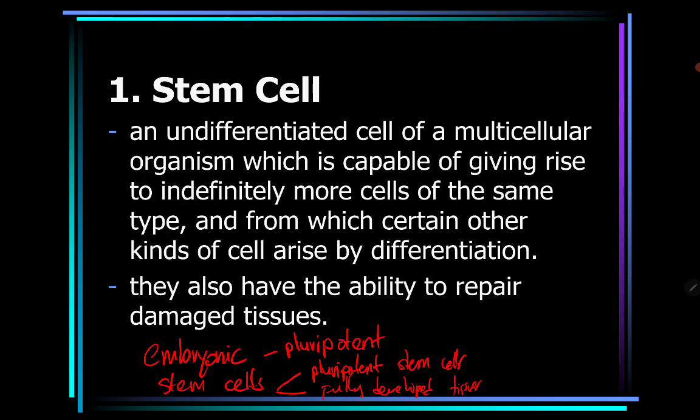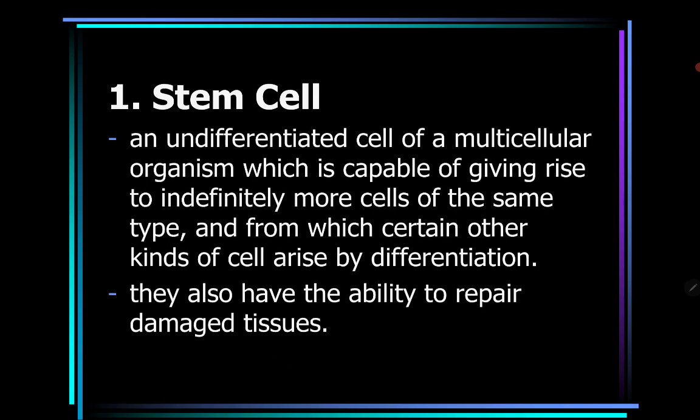As I have set an example on the liver, it only generates more liver cells. And for this pluripotent stem cell, these are adult stem cells that have been manipulated in a laboratory to take on pluripotent characteristics of embryonic stem cells. Again, when we say pluripotent, they can turn into more than one type of cell.